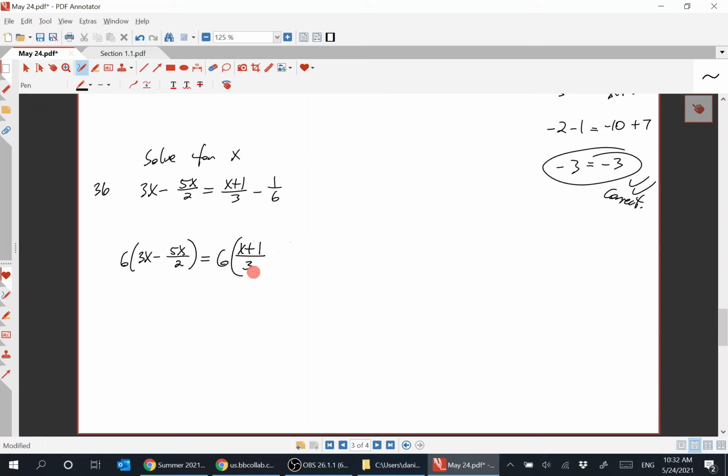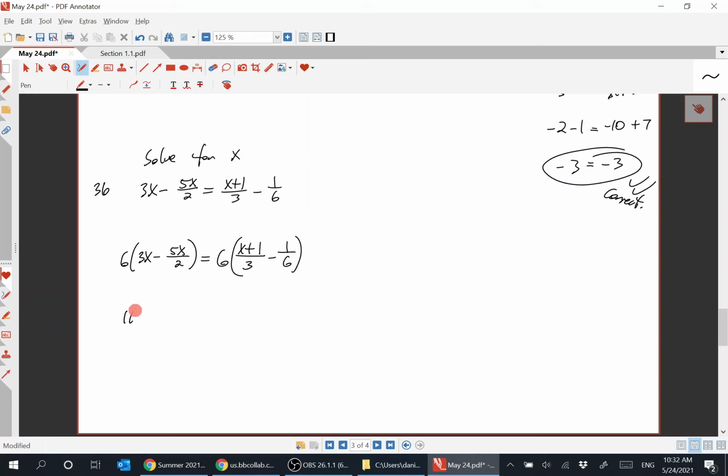Now, when you multiply both sides of an equation by a number or some other quantity, if you still have addition or subtraction operations going on in each side of that equation, you have to put parentheses around the entire left-hand expression and parentheses around the entire right-hand expression. So now let's multiply through by 6.